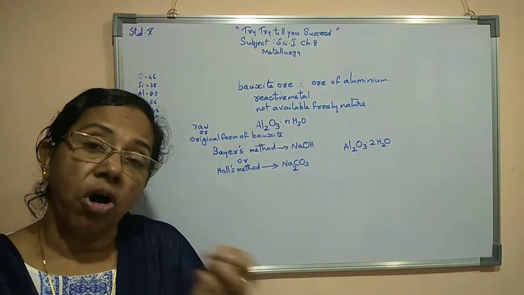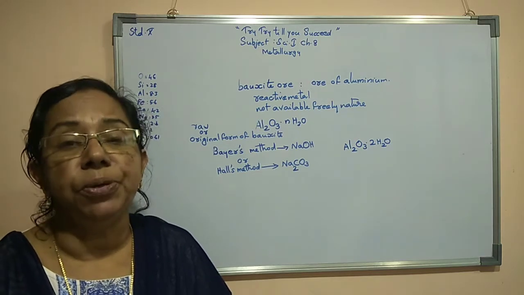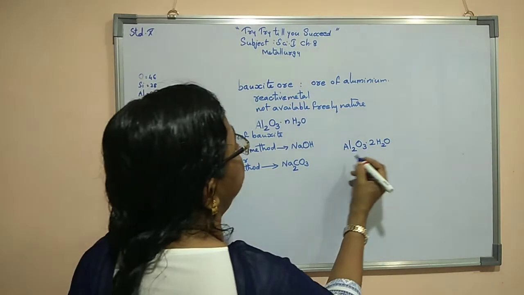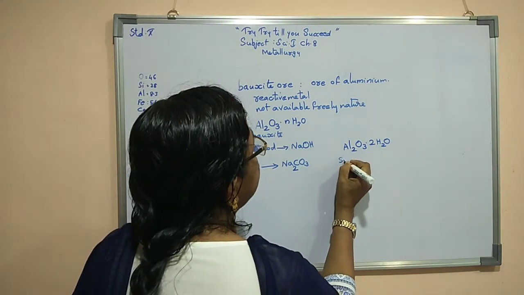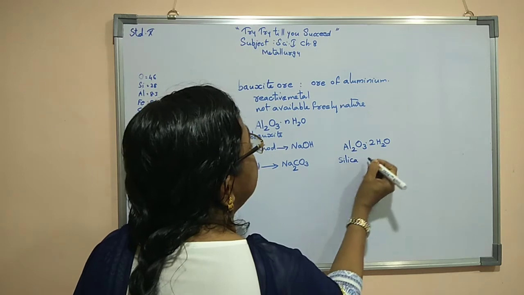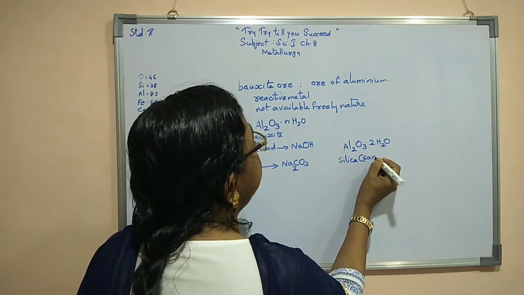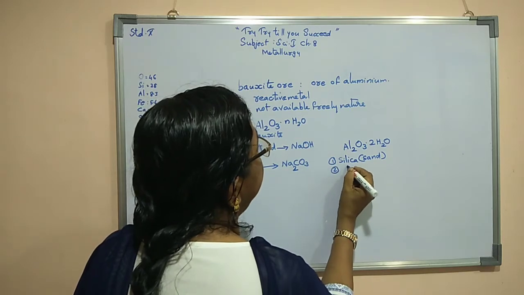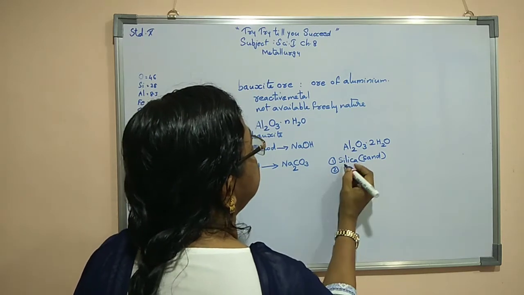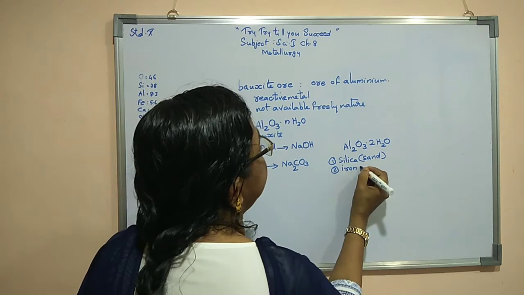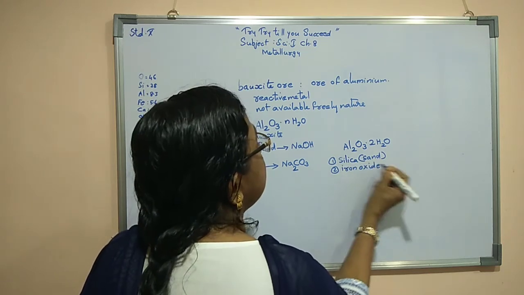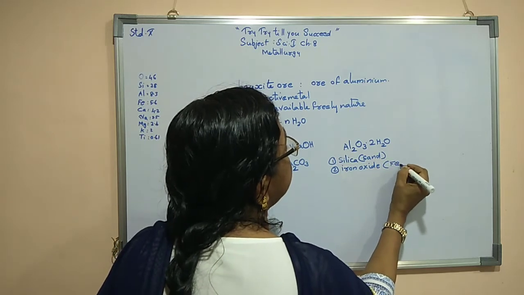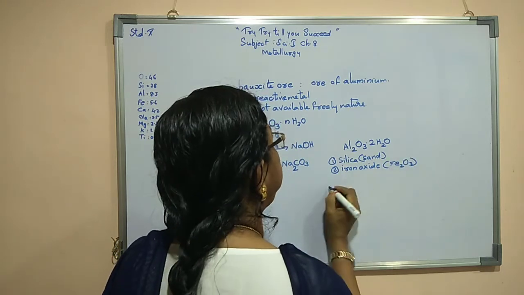Now in the bauxite ore there will be some impurities, we can say gangue particles. Which impurities will be there along with the bauxite? One, silica, that is sand particles, its formula SiO2. Second, iron oxide, that is ferric oxide, Fe2O3.